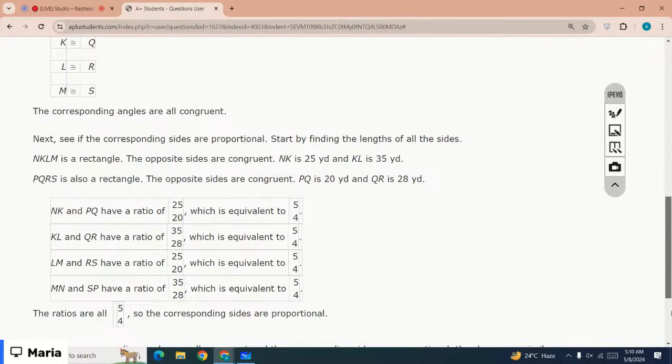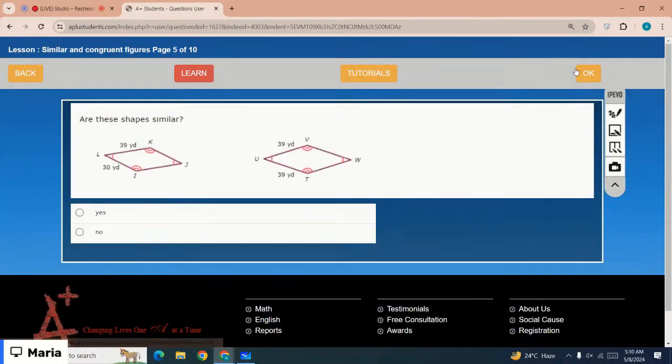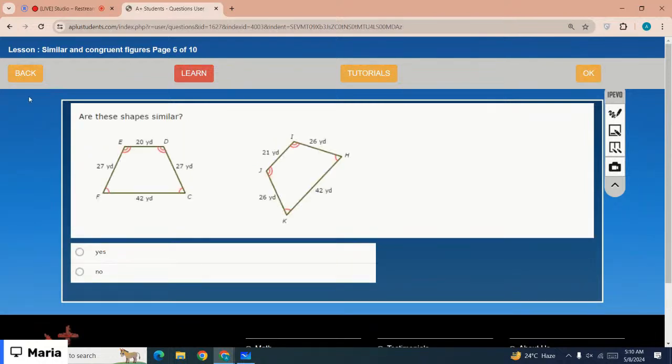Are these shapes similar? The correct option is no, they are not similar. Okay, you can complete the lesson by yourself later today.